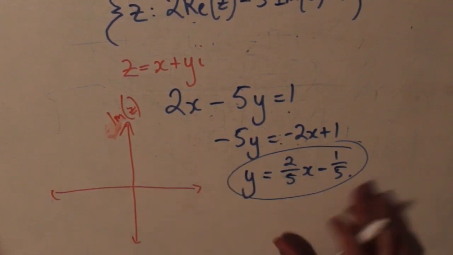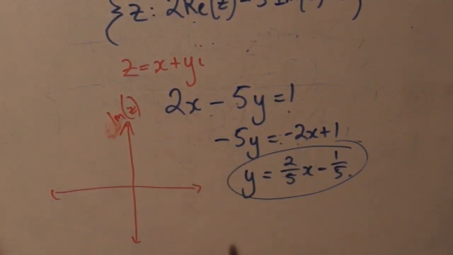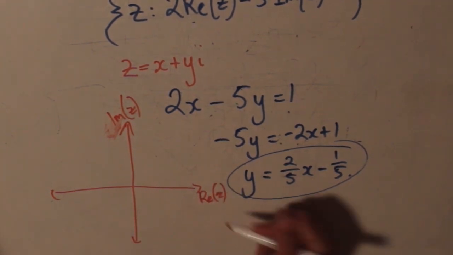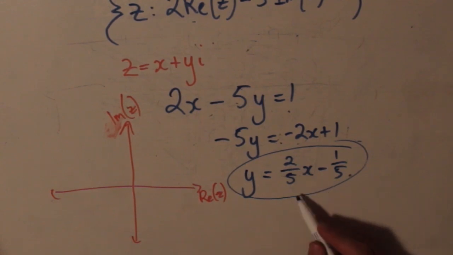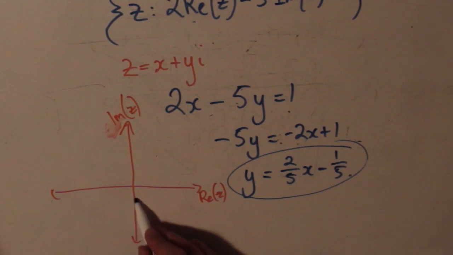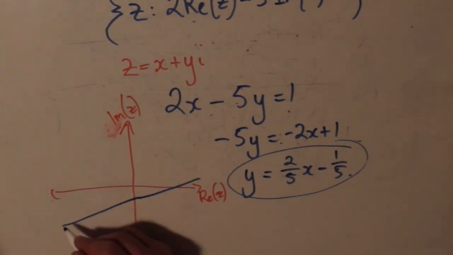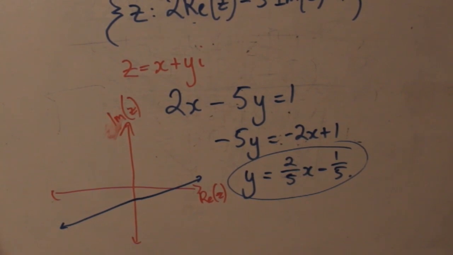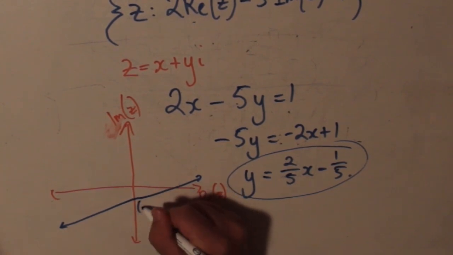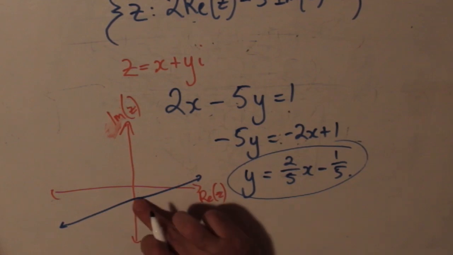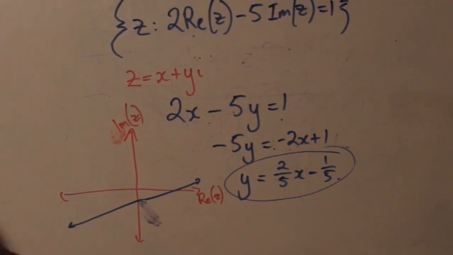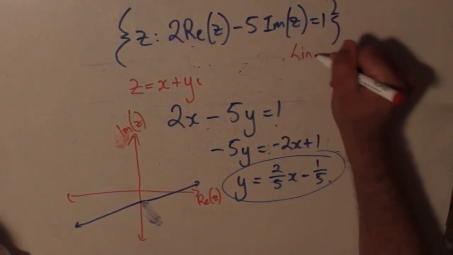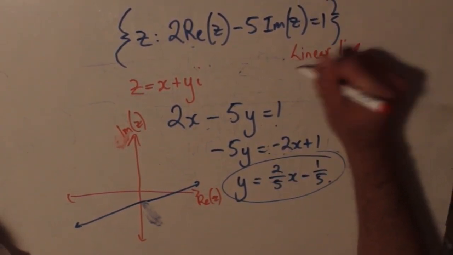If we lay the Cartesian plane over the top, we'd have the same thing. We won't even draw it for now. You get the idea. That's what it looks like. Okay, so that's a linear line. Cool.